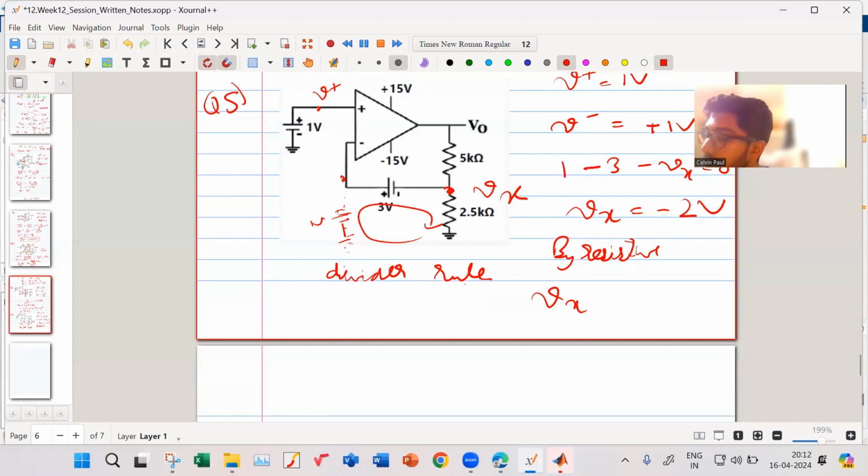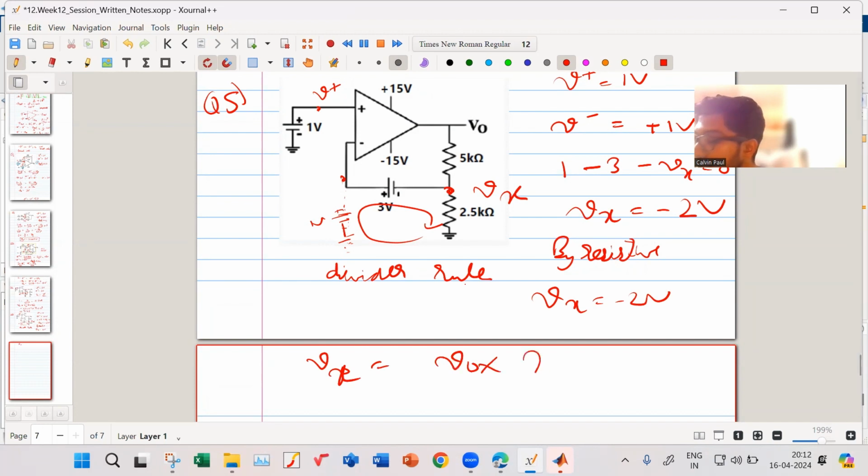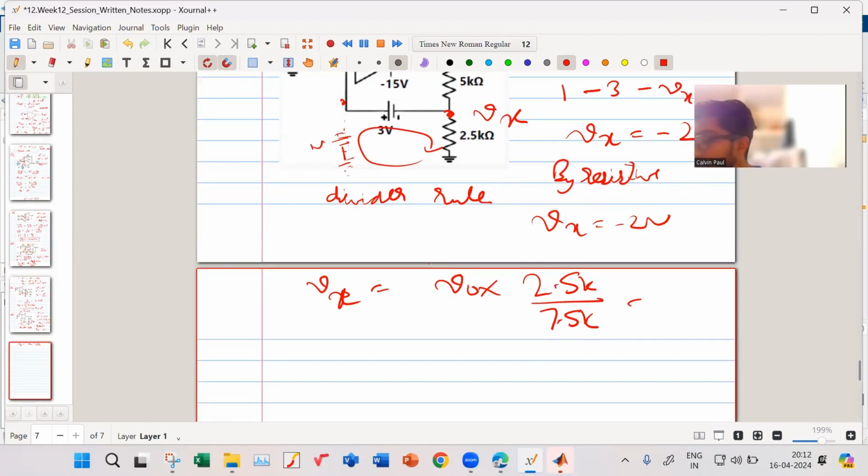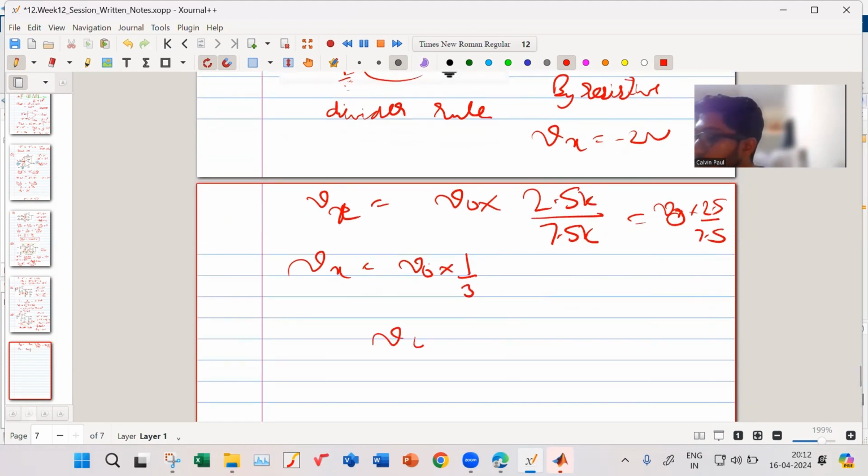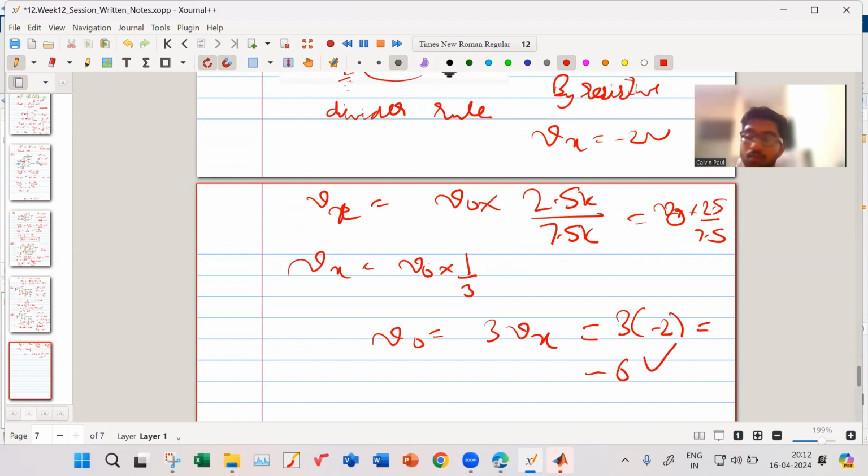I know Vx is minus 2 volt and my Vx actually is V output into 2.5K divided by 7.5K. That is Vx into 2.5 divided by 7.5. So your Vx is actually V output into 1 by 3. So your V output is 3 into Vx. How much is that? Minus 6. It is 3 into minus 2, so it is equal to minus 6 volt. Right? Yes.